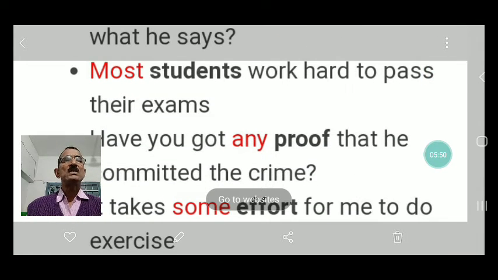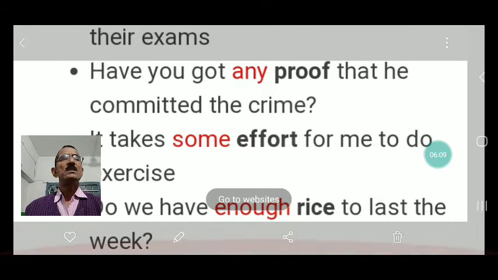Most students work hard to pass their exams. Here you understand that it is like that. Most students means it is a large number of students. Have you got any proof that he committed the crime? This sentence is interrogative and any is used.